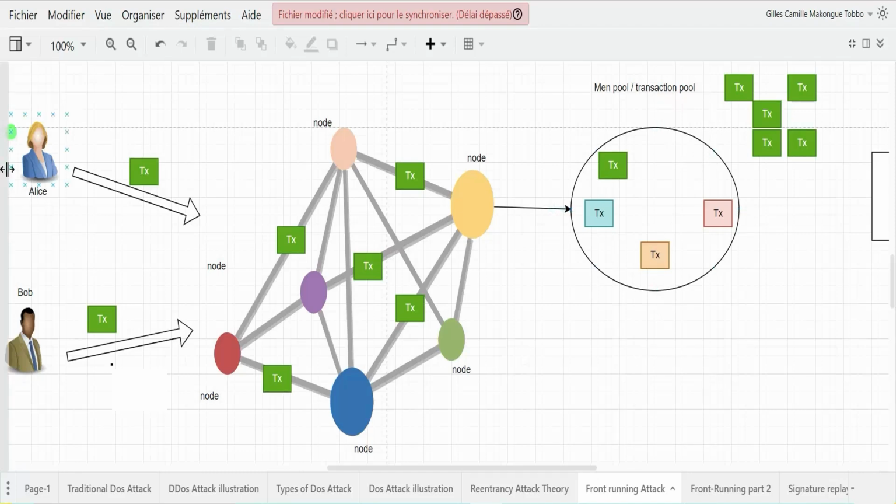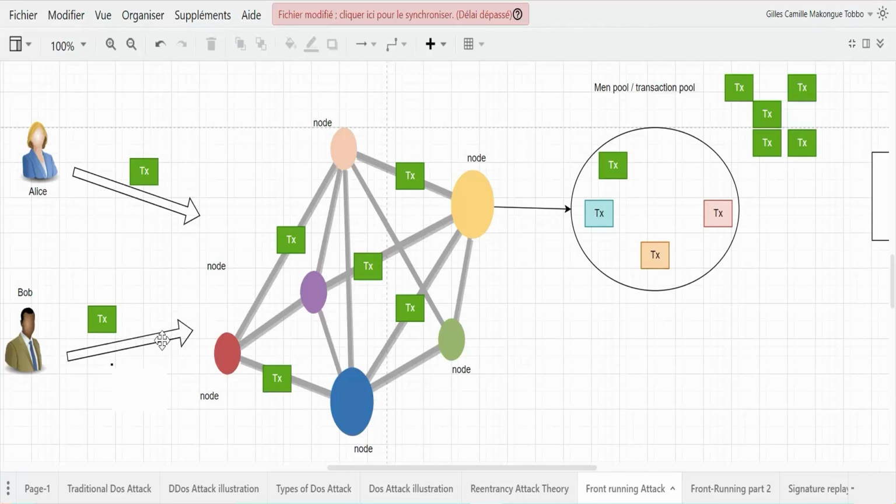So imagine that Alice is sending many transactions under a certain period of time, and Bob does the same thing, sending many transactions under a certain period of time.